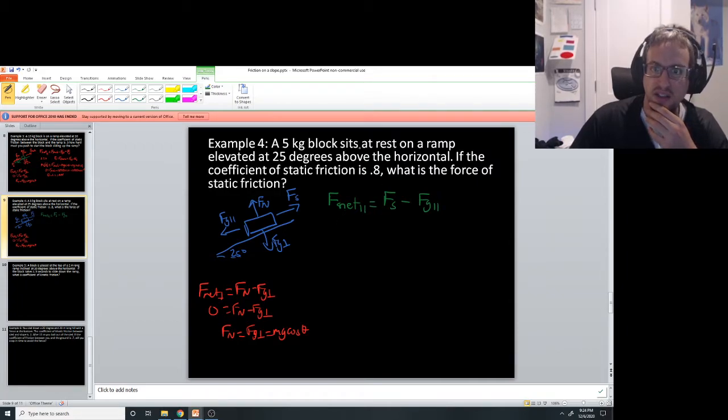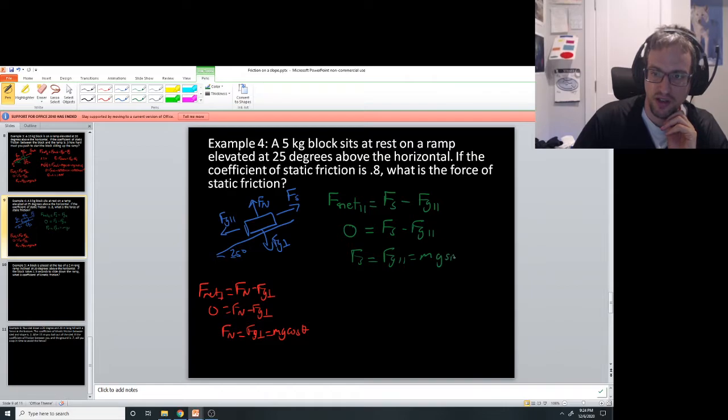Now, it sits at rest, so this is going to be 0. Fs minus FG parallel. So we can just plug in for this, right? So we have Fs equals FG parallel, which is mg sine theta.